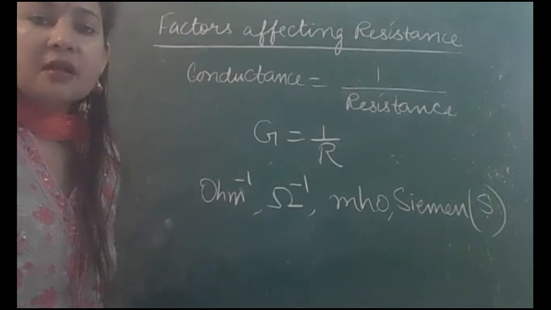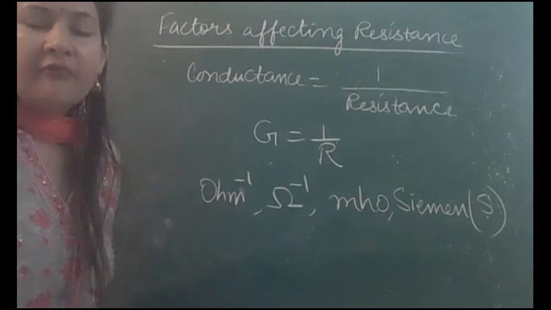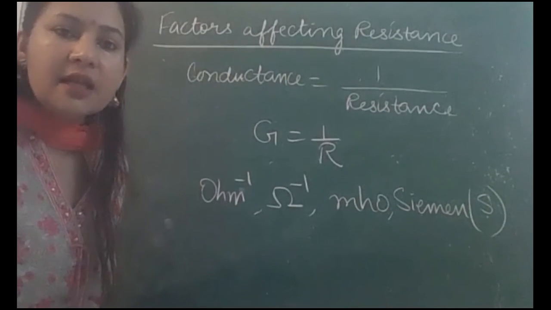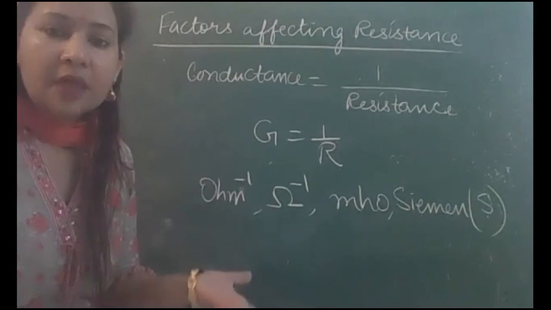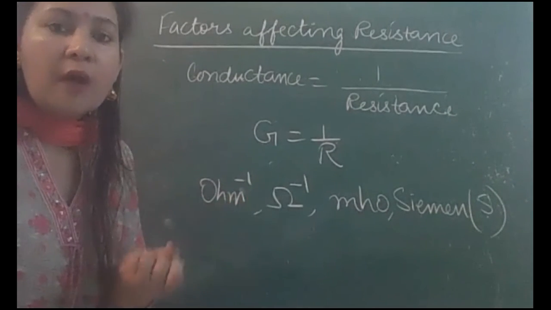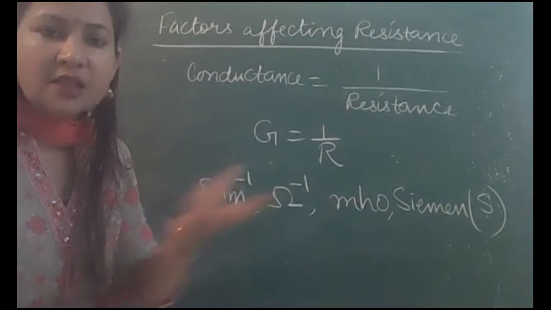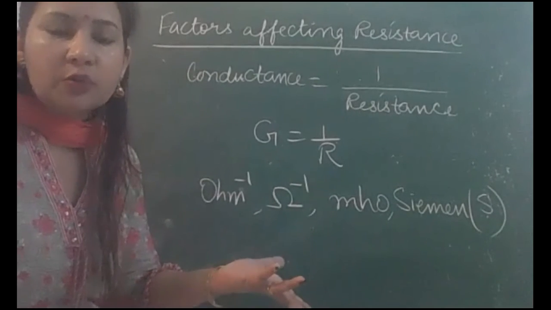Clear? Next term is conductivity. Same way, conductivity is defined as the reciprocal of resistivity. It is the opposite of resistivity. Resistivity means tendency to oppose the flow of current. Conductivity indicates the flow of current through a wire.